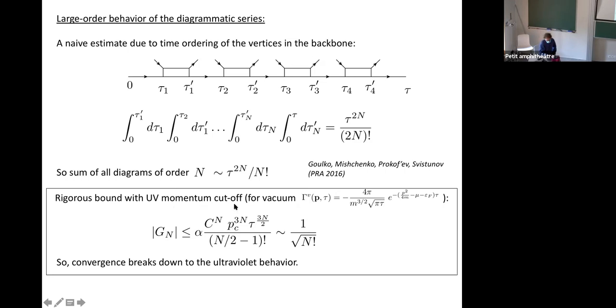Then one can show that there is a rigorous bound that the sum of all diagrams will scale as 1 over square root of n factorial. But still the series would be convergent. Since we see that the series is actually divergent, we know that the convergence breaks down due to ultraviolet behavior: short time, large momentum, or short distance.